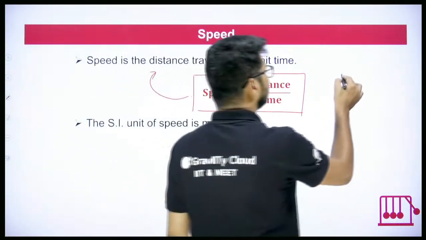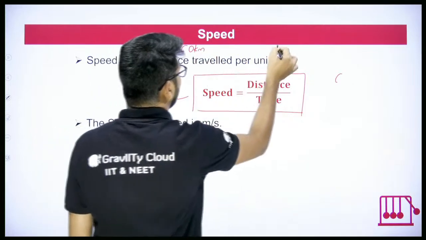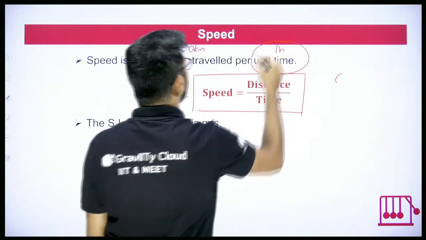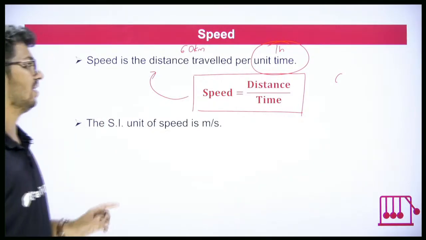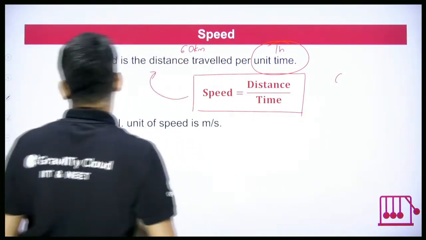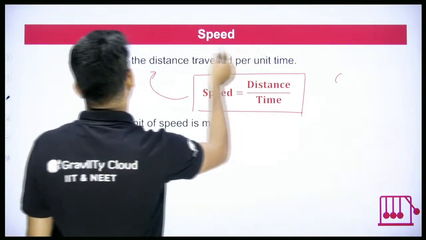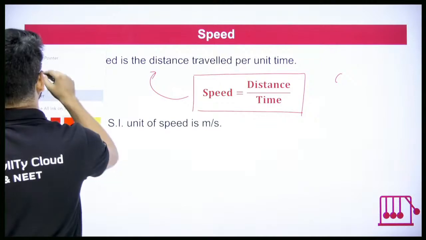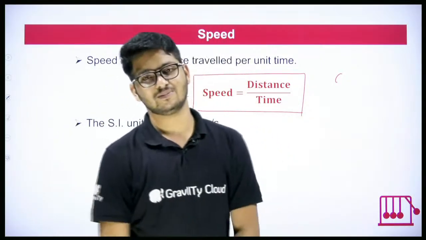If I say 60 kilometer per hour, 60 kilometer is distance traveled, 1 hour is the unit time. Unit will mean 1. Clear? So what is the formula for speed? Distance by time. So how do you define it? You define it as distance traveled per unit time.